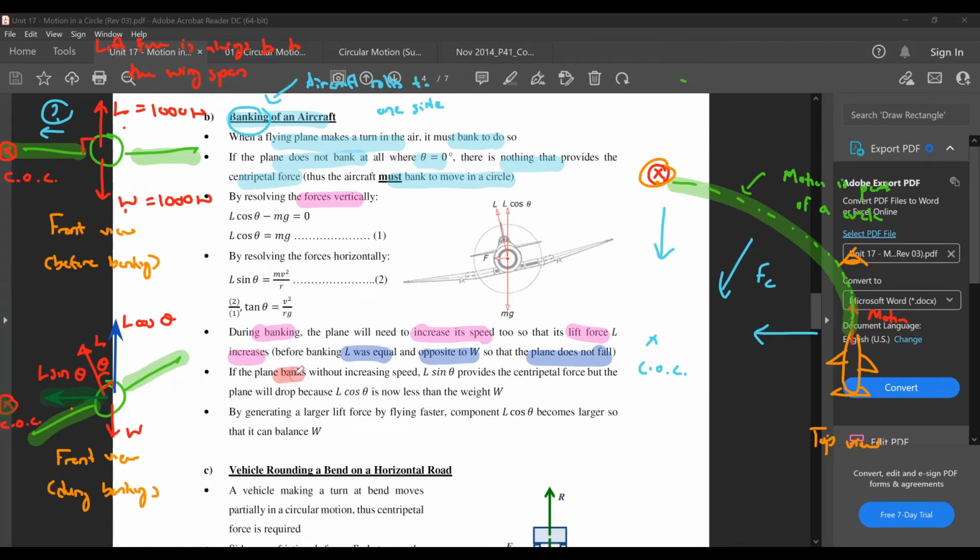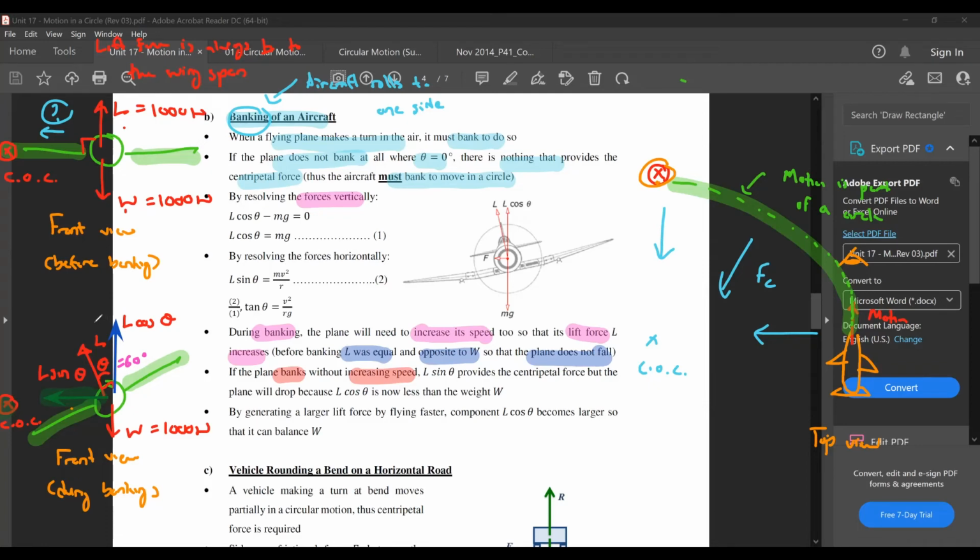But now consider this: if your aircraft banks without increasing its speed in the first place, look at what happens to L cos theta. Say my weight remains the same at 1,000 Newton, but my angle theta, for the sake of discussion, is 60 degrees, and my lift force remains at 1,000 Newton as before.